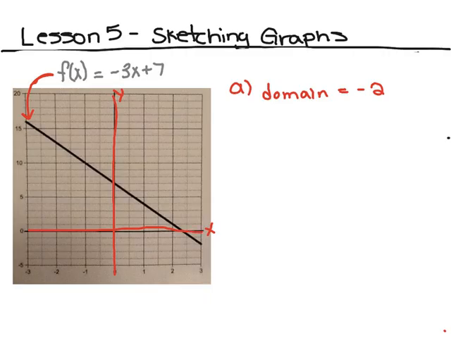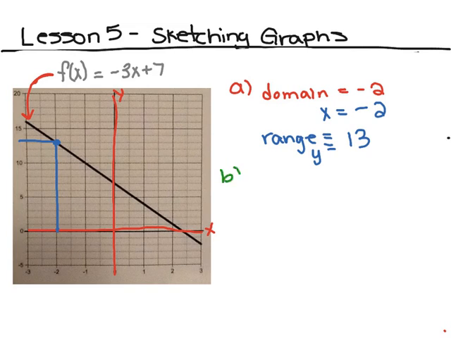So that means that our x value is at negative 2. So we're going to go down to negative 2, which is right here. We're going to go up to the line to see where it crosses our function. So our range value is our y value. So that would be at 13. So the range, which is the y, is equal to 13.